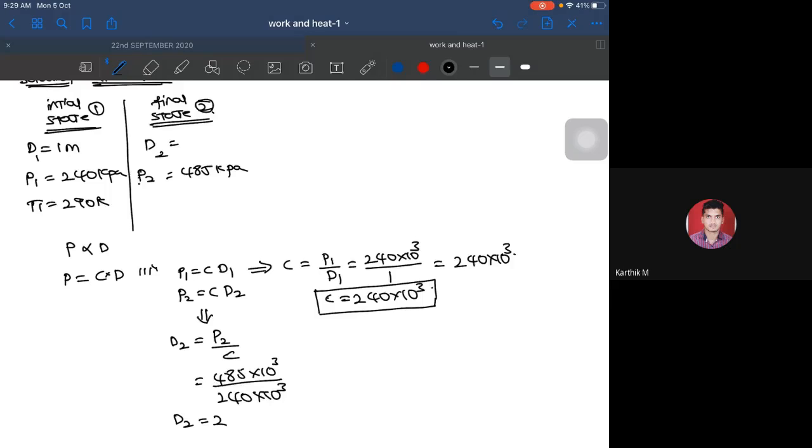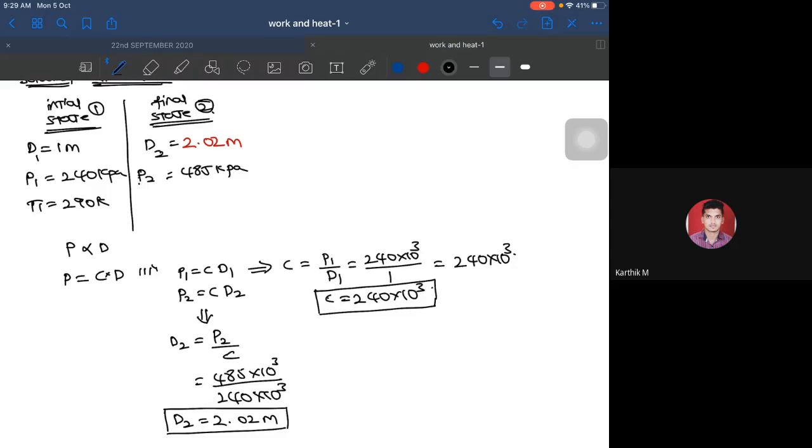Okay, so 2.02 meters. So now I got the value of D2 just by equating the things. If I got the value of D2, I should update it back. So it is 2.02 meters, which is the value of D2 at the final state when the pressure increased to 485 kPa.